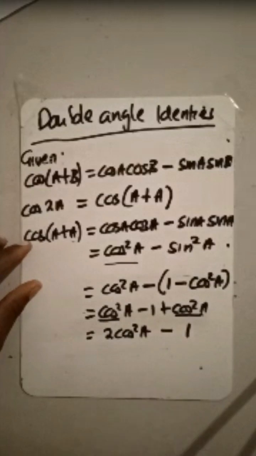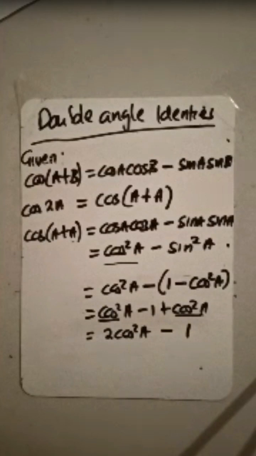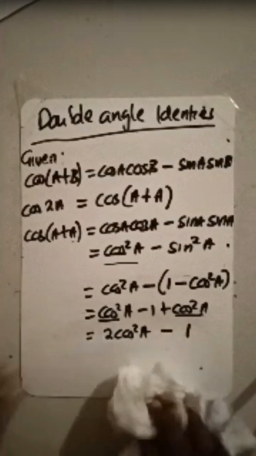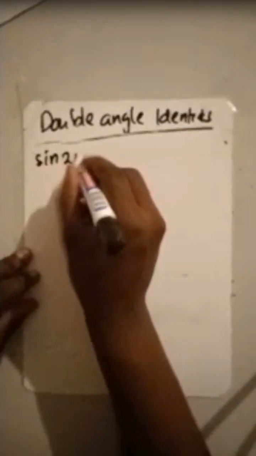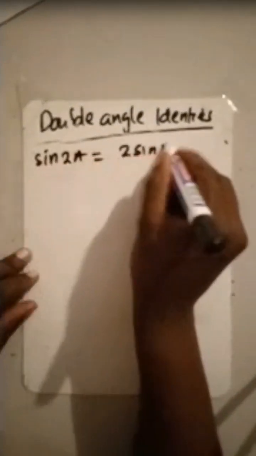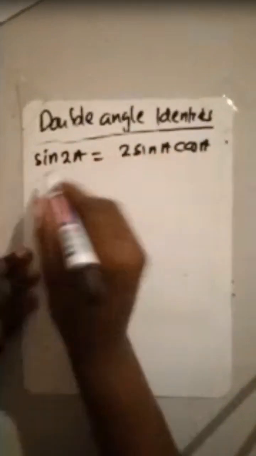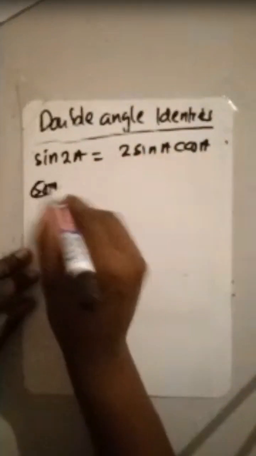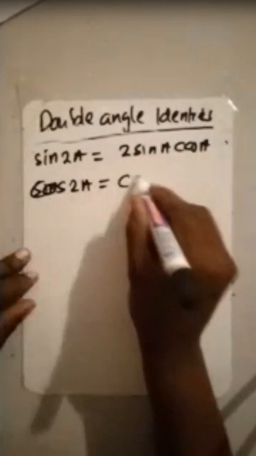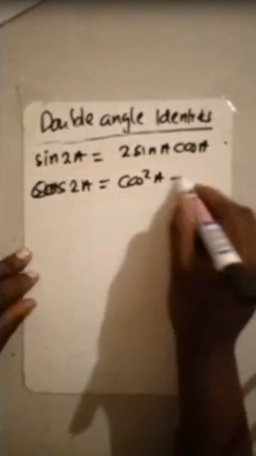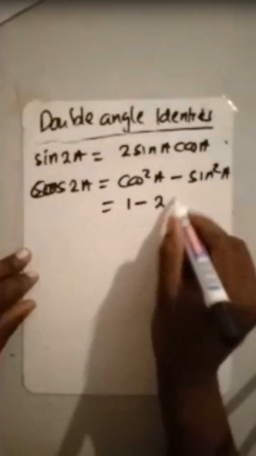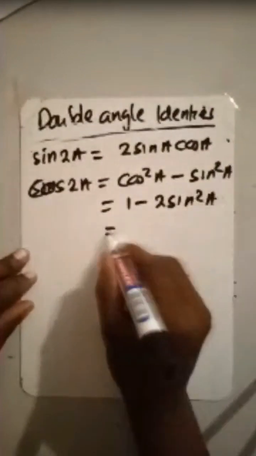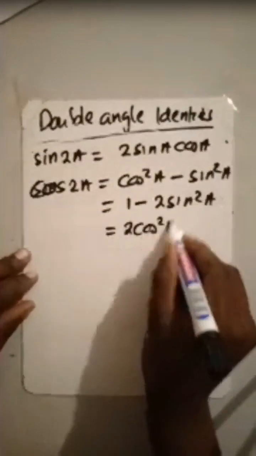The third identity. Then we can conclude, guys, that for our double angle identities, we have proved them. We have sin 2A, which is equal to 2 sin A cos A. Then we have cos 2A, which is equal to cos squared A minus sin squared A, which can be written as 1 minus 2 sin squared A, which can be written as 2 cos squared A minus 1.